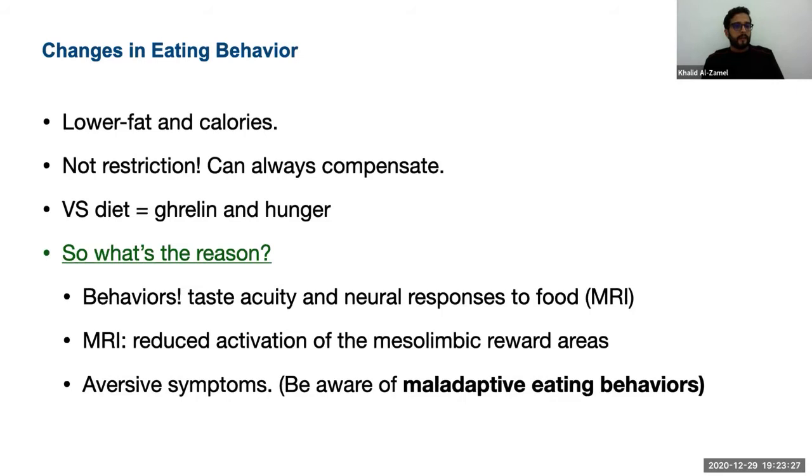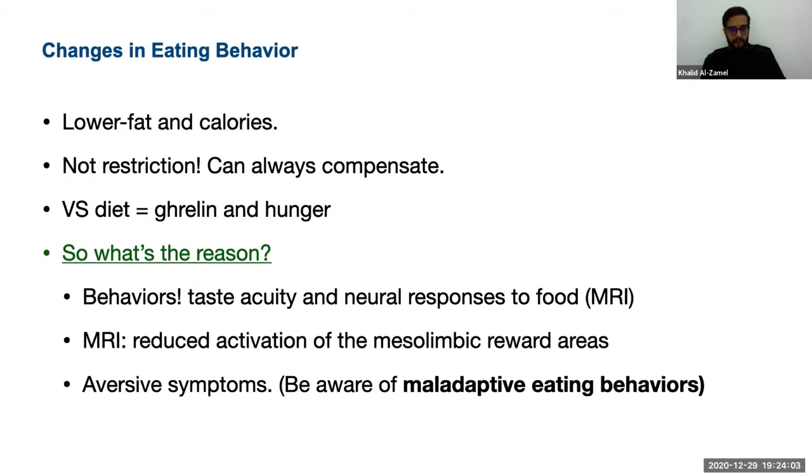The fact here is that patients after bariatric surgery prefer a lower fat and calorie diet and stay away from a diet high in fat and calories. And if the question is whether this is due to restriction, we can answer that they could always compensate by finding other diets high in calories and small in volume, which is not the case here.